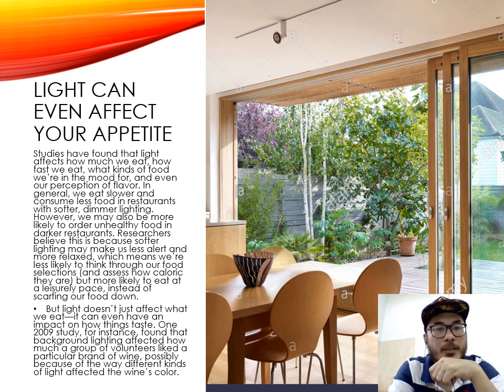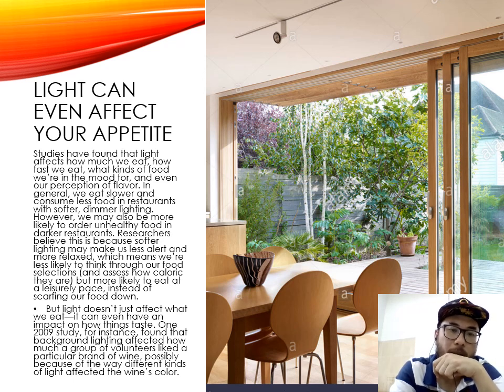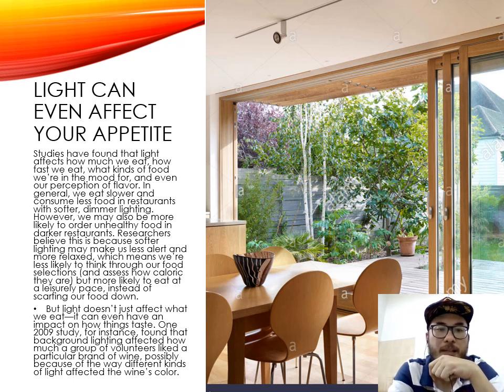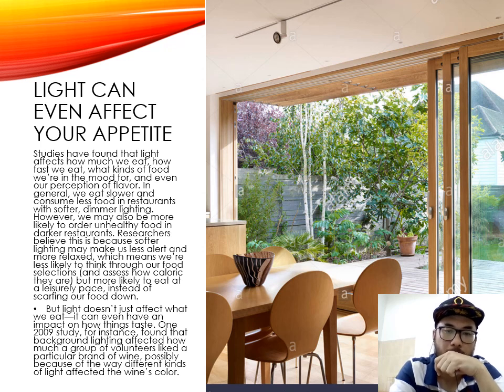Okay? Studies have found that light affects how much we eat, how fast we eat, what kind of food we are in the mood for, and even our perception of flavor. In general, we eat slower and consume less food in restaurants with softer, dimmer lighting. However, we may also be more likely to order unhealthy food in darker restaurants.